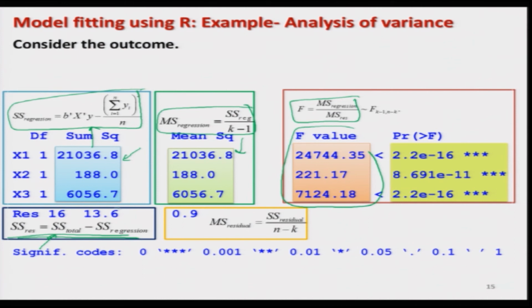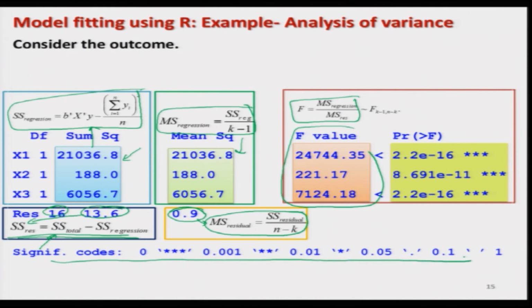This is the value obtained by SS res, and this is the degrees of freedom, right. Similarly, the mean square due to residual is obtained by this expression, and these are the different values of alpha indicating the level of significance, corresponding to these stars. You can see there are 3 stars, so they correspond to this value.